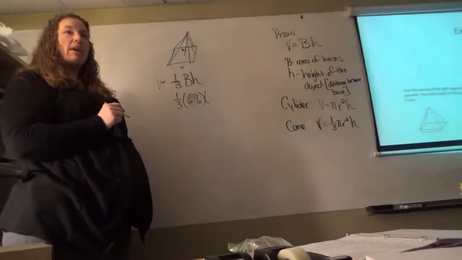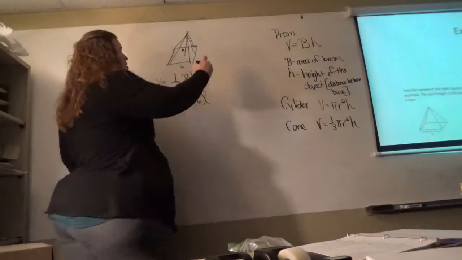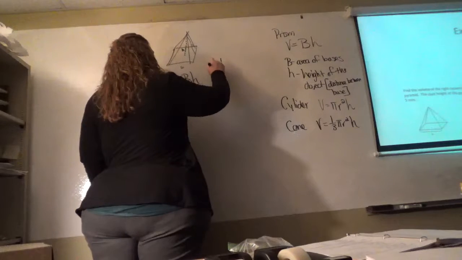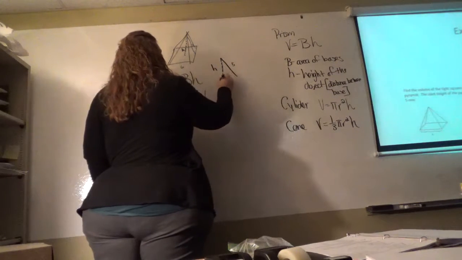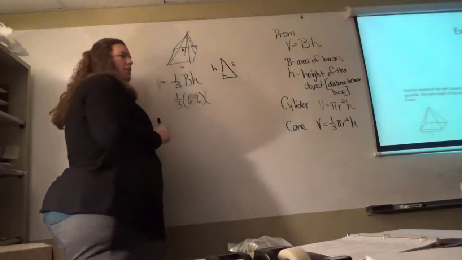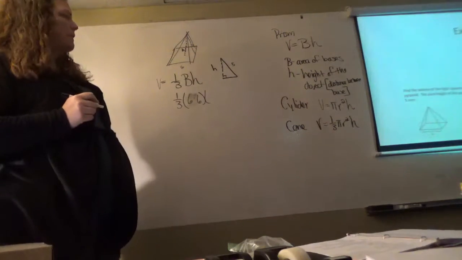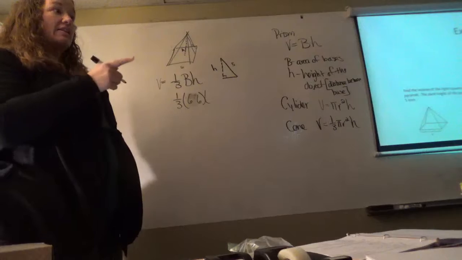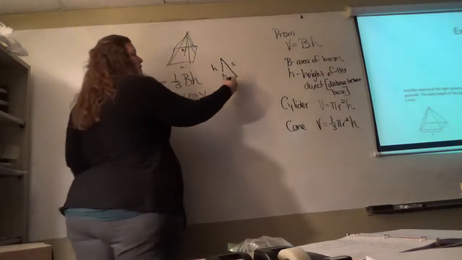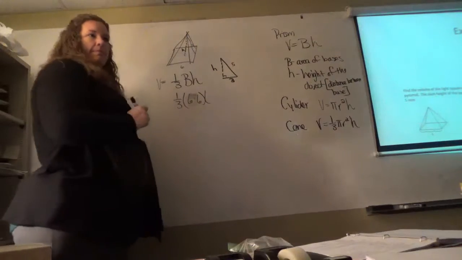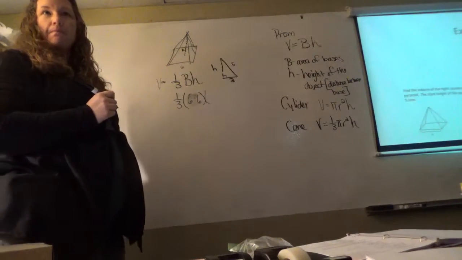Is that going to create a right triangle? Yes. So you have your height that we don't know. We have our slant height of 5. What can we put on the bottom of that triangle? 6. Not 6, 3, exactly. The whole thing is 6, cut it in half, so just 3.